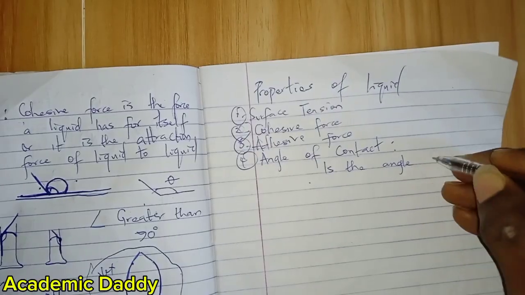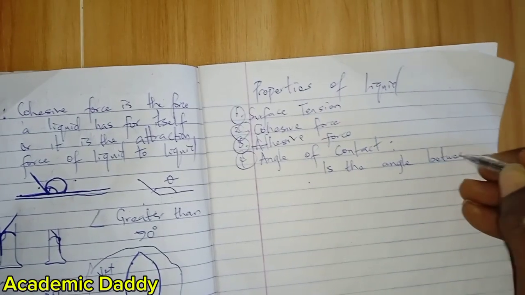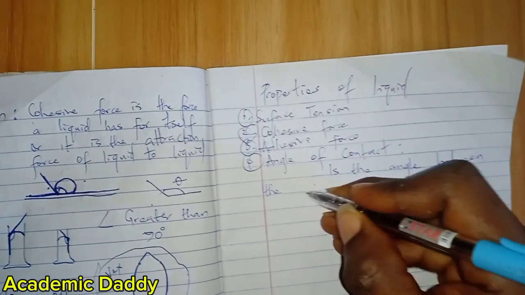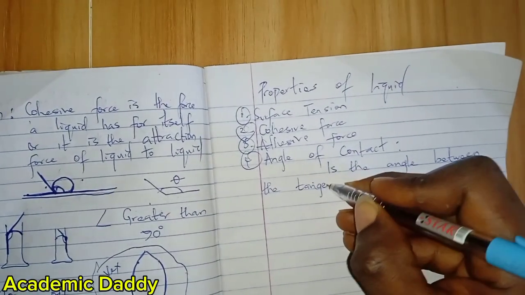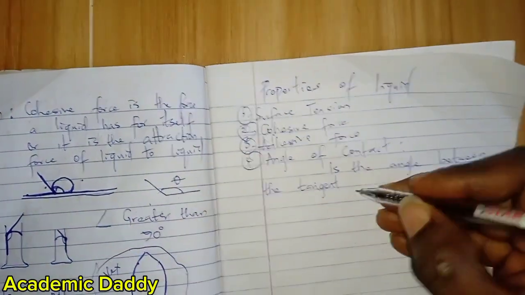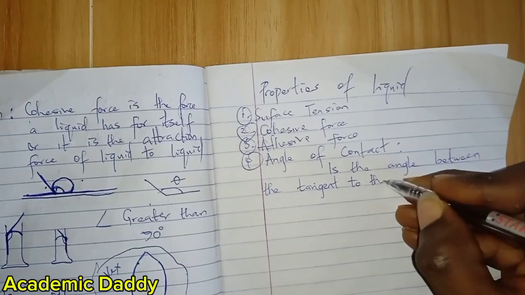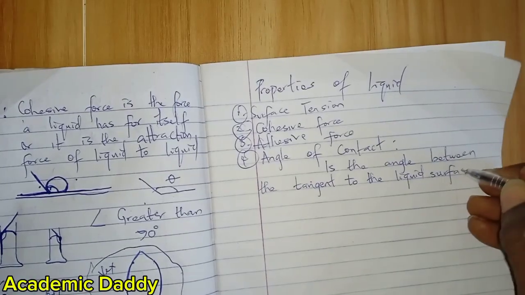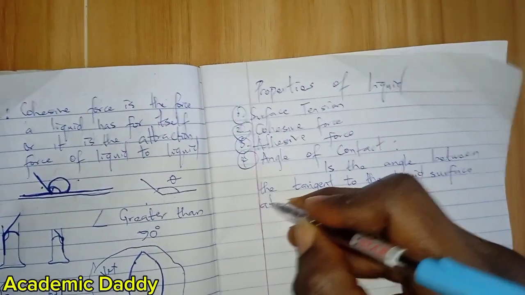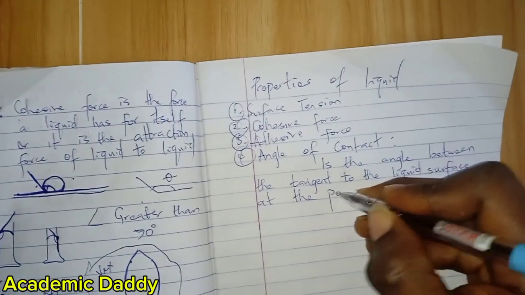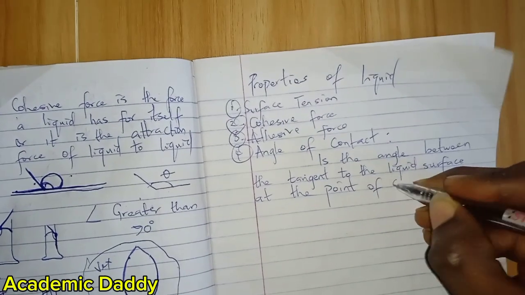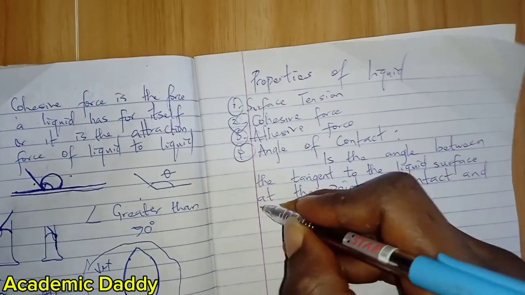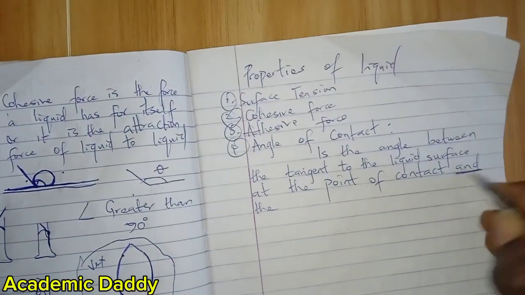angle between the tangents, that is where it is touching, tangent to the liquid surface, at the point of contact and so see the main thing here.